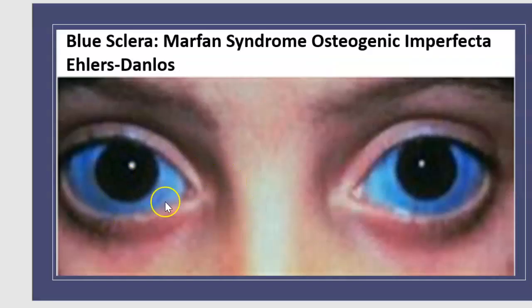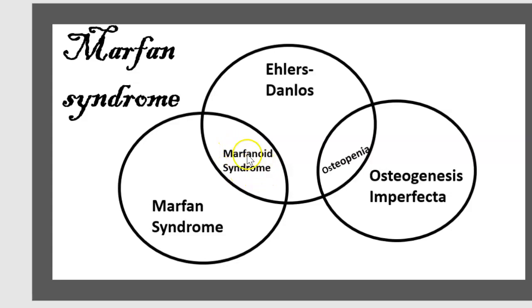Blue sclera is a characteristic common for Marfan syndrome, osteogenesis imperfecta, and Ehlers-Danlos. Marfanoid syndrome allows the difference between Ehlers-Danlos and Marfan, and osteopenia can differentiate between Ehlers-Danlos and osteogenesis imperfecta.